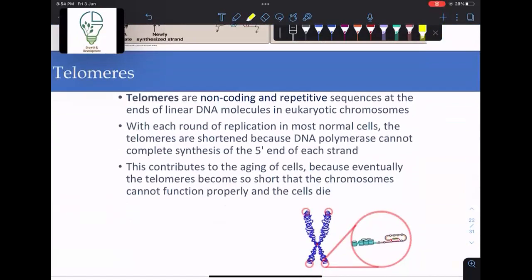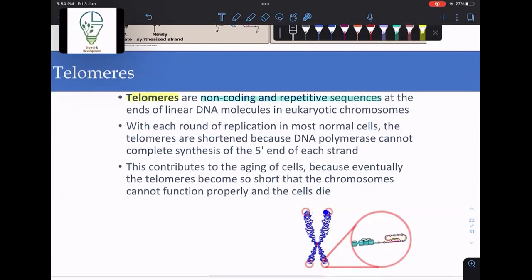Now there's something at the end of the DNA, or at the end of the chromosome. It's kind of like a cap, called the telomeres. The telomeres are basically non-coding and repetitive sequences of nucleotides, present at the ends of the eukaryotic chromosomes.